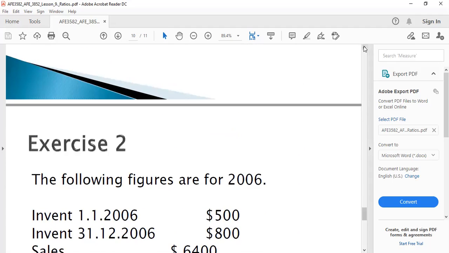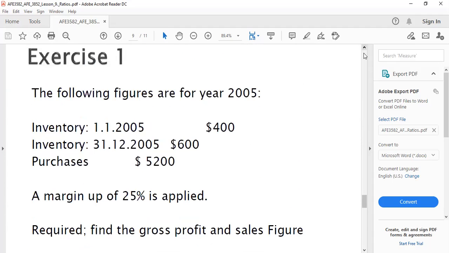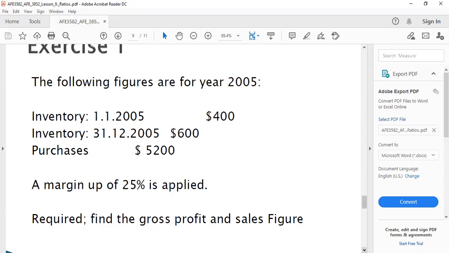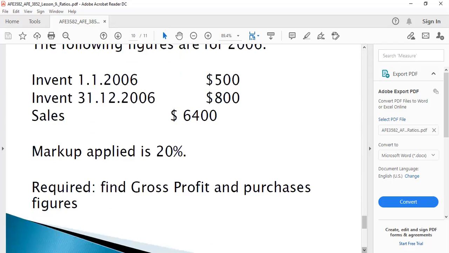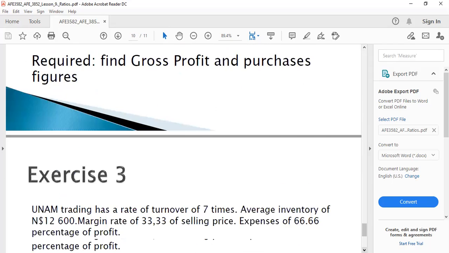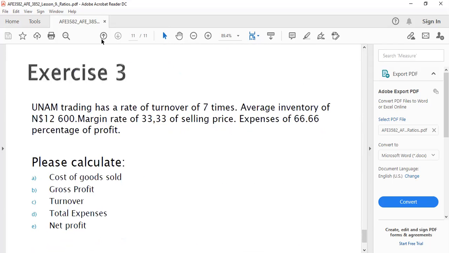So you can try doing these examples, these exercises. Then you can send me your answers so I go through them, except for exercise 3 because this has 10 over and so on.